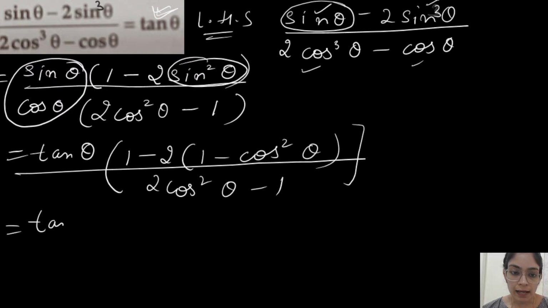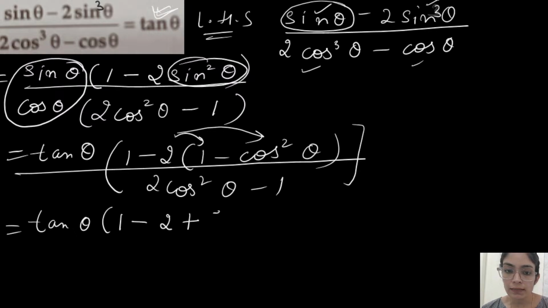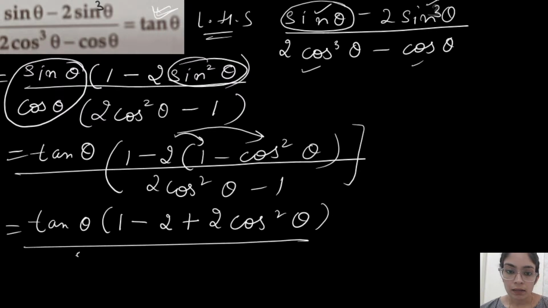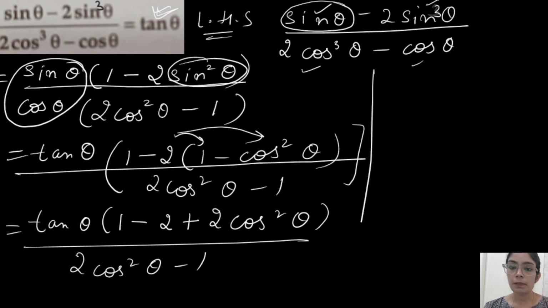Now tan theta as it is, let's open the bracket here. So 1 minus 2, and we have to do the bracket multiplication. So minus 2 into 1 is minus 2, and minus is outside the bracket, so minus into minus changes to plus 2 cos square theta by 2 cos square theta minus 1. Now let's simplify like terms.